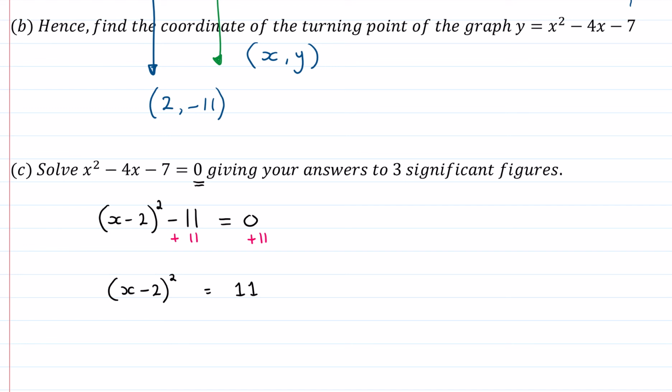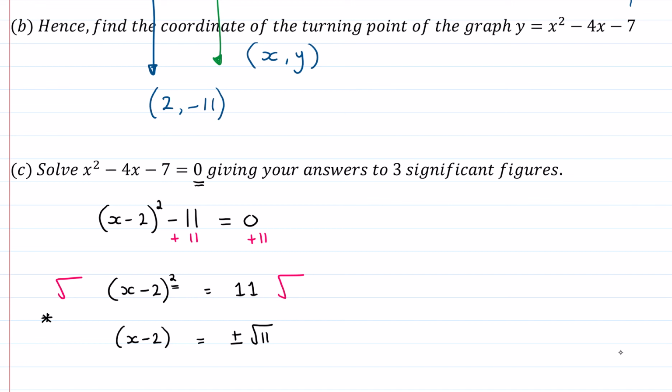The next thing you want to do is you need to square root both sides. When you square root this side here, you're going to get rid of the square at the top. And when you square root the 11, you need to put a plus and minus sign just before the square root 11. Because you know that every time you square root, you're going to get two answers, either a positive or a negative.